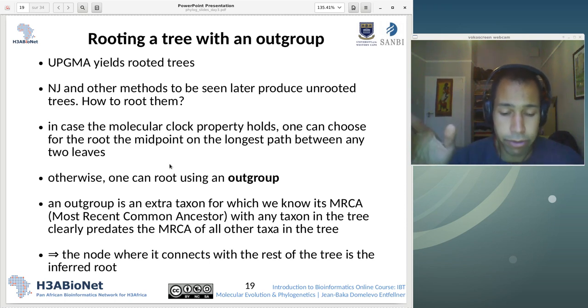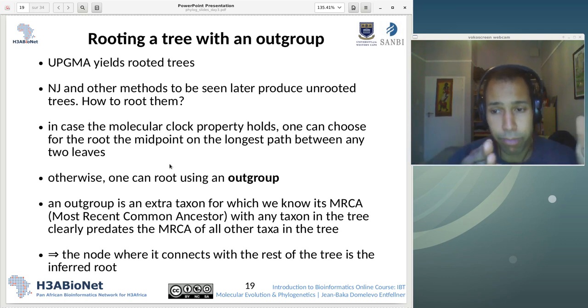So this path defines the diameter, and take the midpoint on this path, then you have a potential root, and that's the correct root in case the molecular clock property holds, in case the rate of evolution was constant all over the tree.